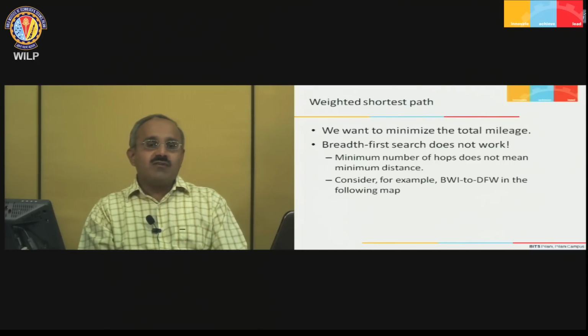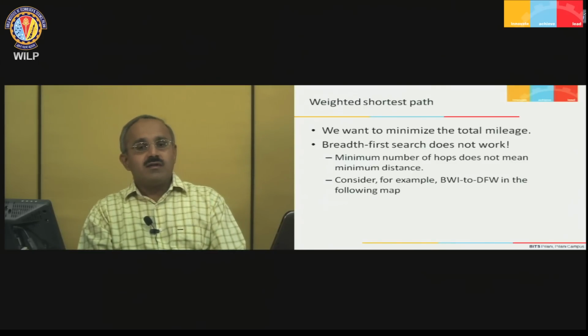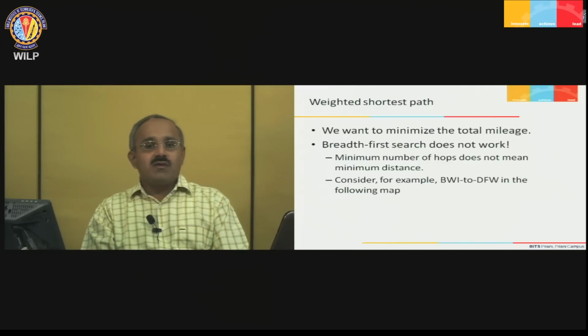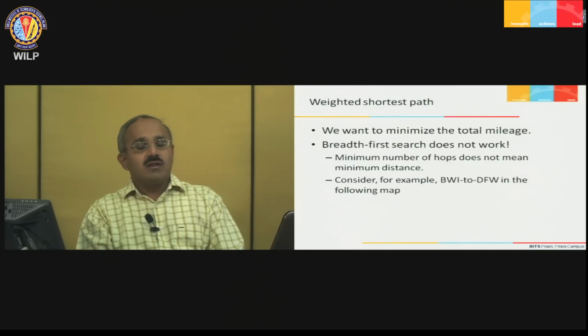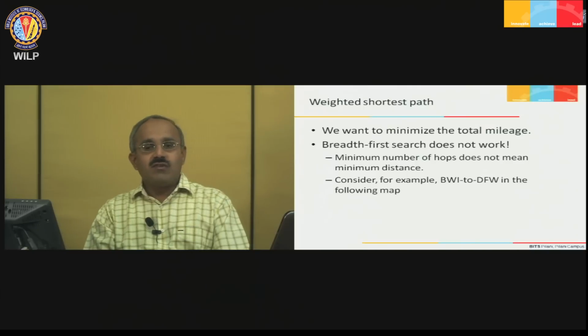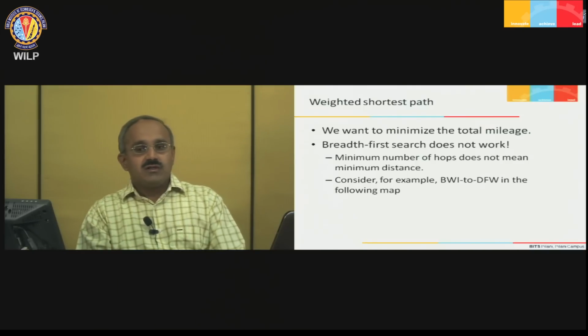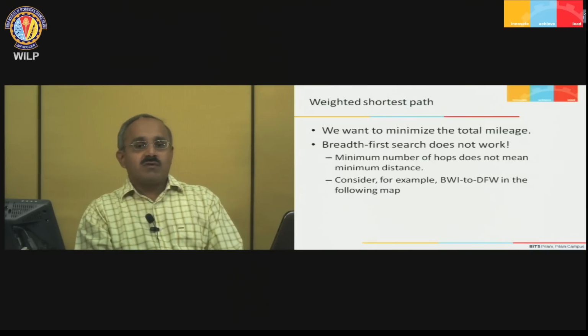So, if the graph was not a weighted graph and we were trying to find the number of hops between two vertices, breadth first search would suit the purpose. Observe that the minimum number of hops does not always mean minimum distance.